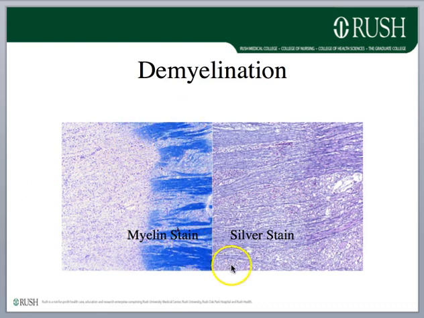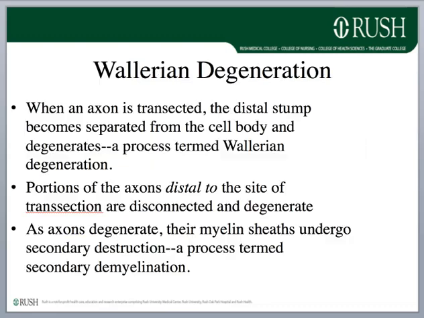And we can use a silver stain in the same way to delineate these pale areas in between where the streaks of axons are going through. So we can identify both axonal loss with the silver stain and loss of myelin with the myelin stain. Again, remember that this is not a specific disease, but a pattern of injury that we'll be able to see in different diseases as we go through.